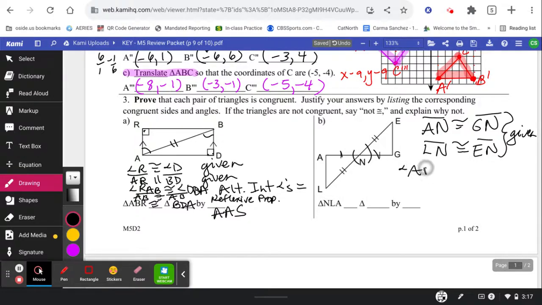So angle ANL is congruent to angle GNE by vertical angle theorem. So then I can say the triangles are congruent. NLA is congruent to NEG by side angle side. So in both cases, the triangles were congruent.